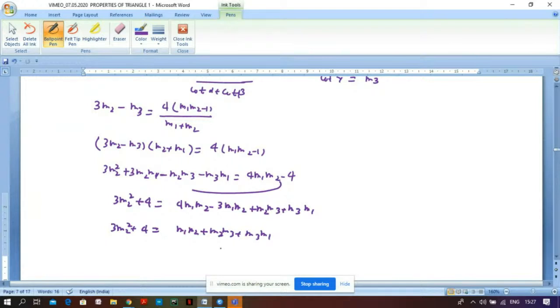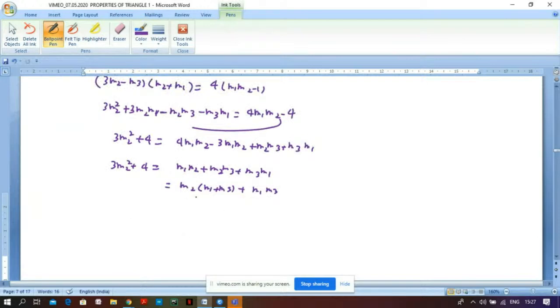Now notice that this is nothing but M2 times M1 plus M3 and plus M1 M3. So if I add one more M2 squared, think of it this way: M2 squared plus M2 times M1 plus M3 plus M1 M3 is nothing but M2 plus M1 times M2 plus M3.